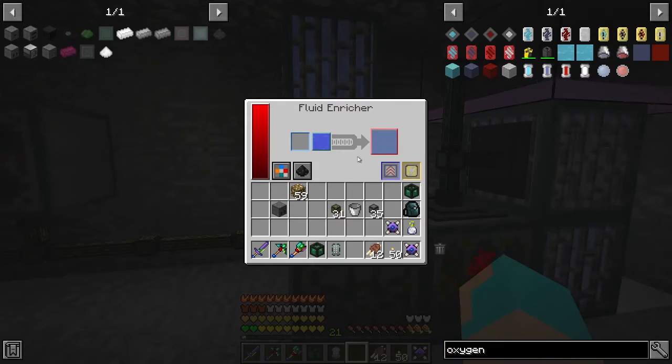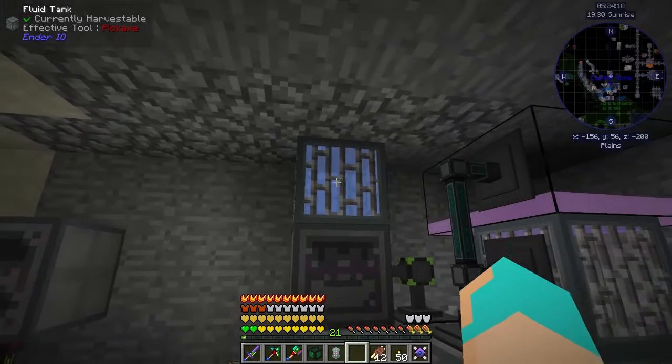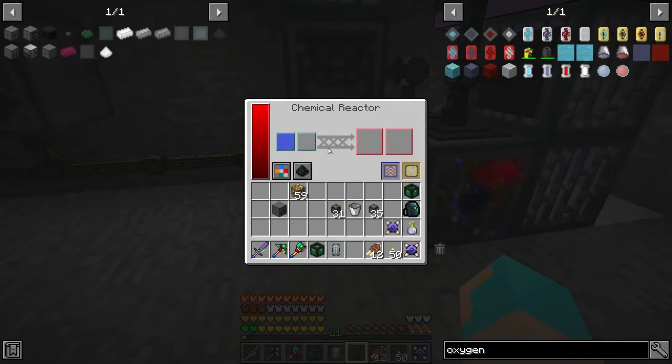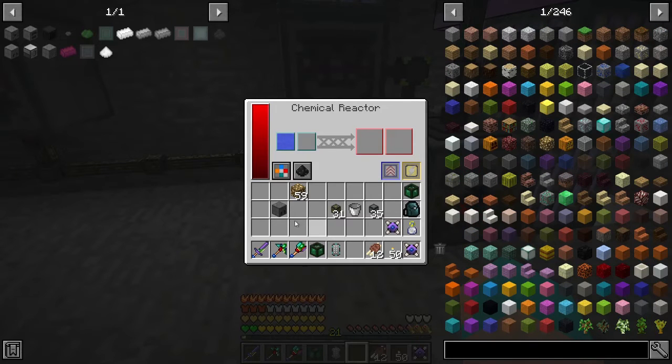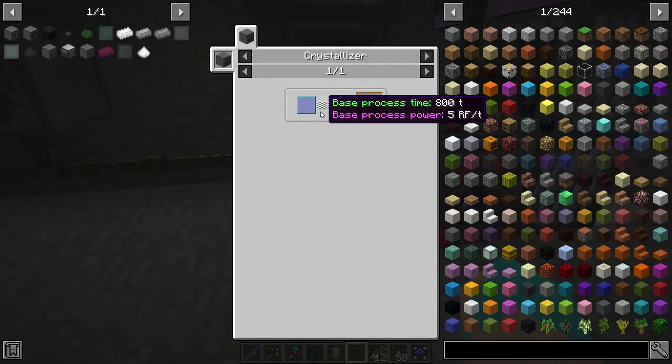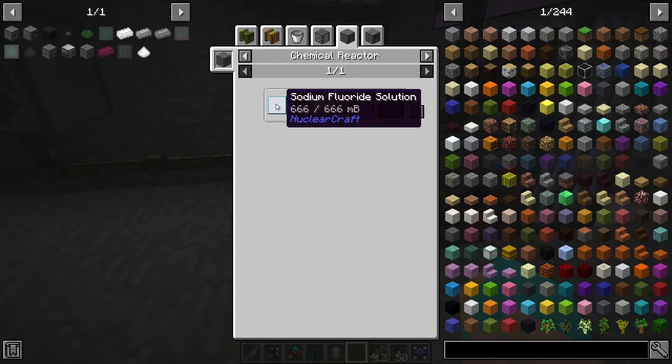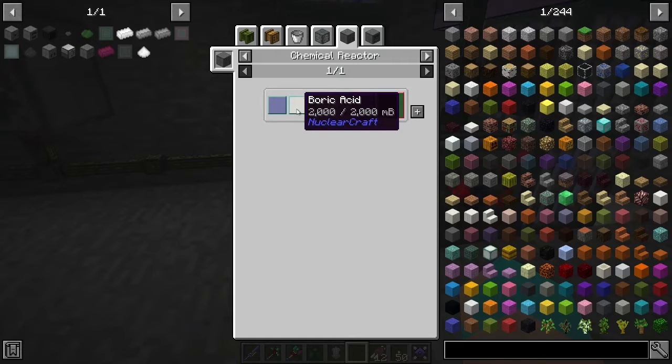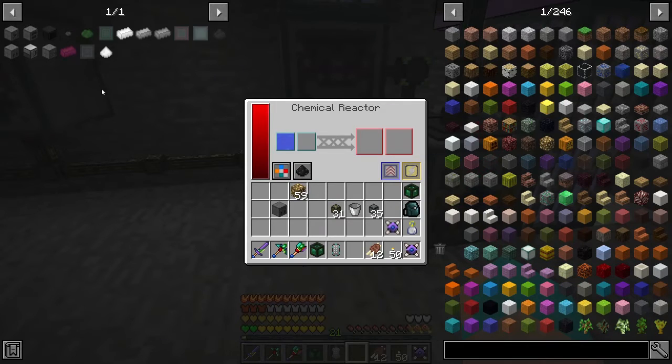Fluid enricher, use fluorite water. That's great. This chemical reactor has water, and what did we need in this one? So now I've completely lost where we were.